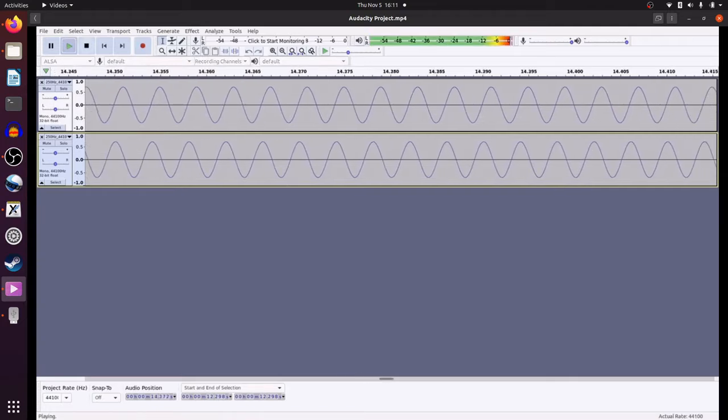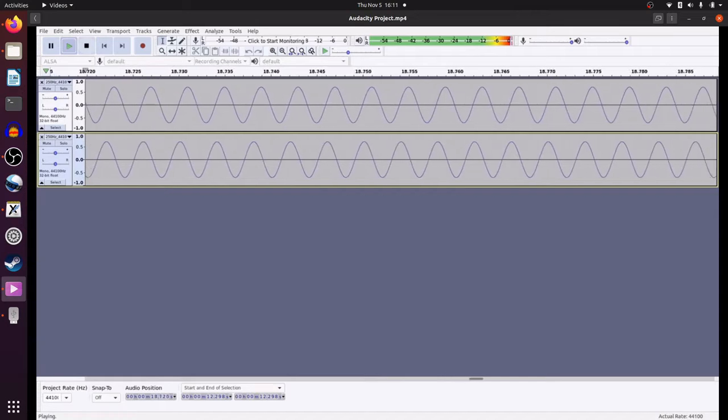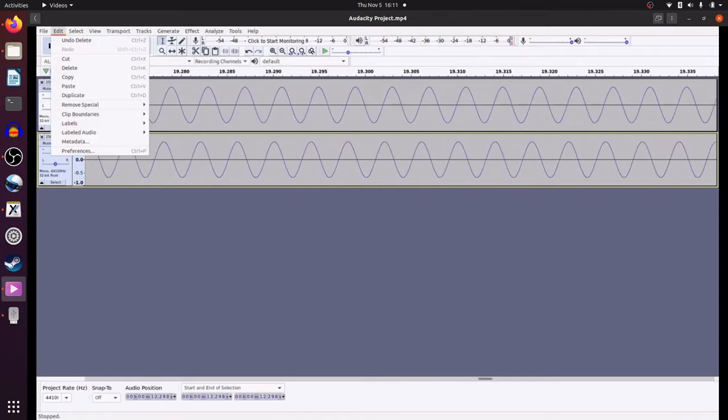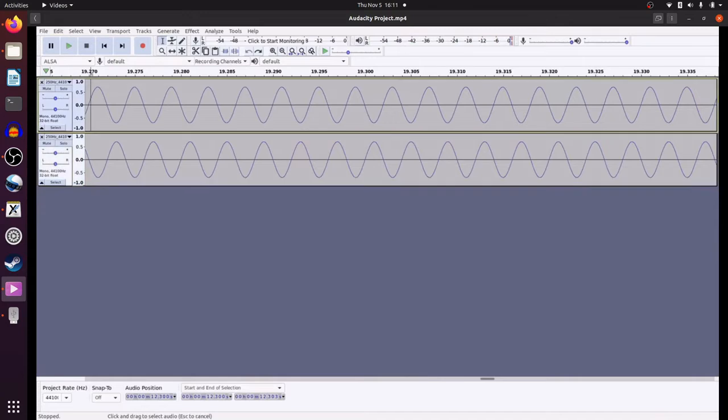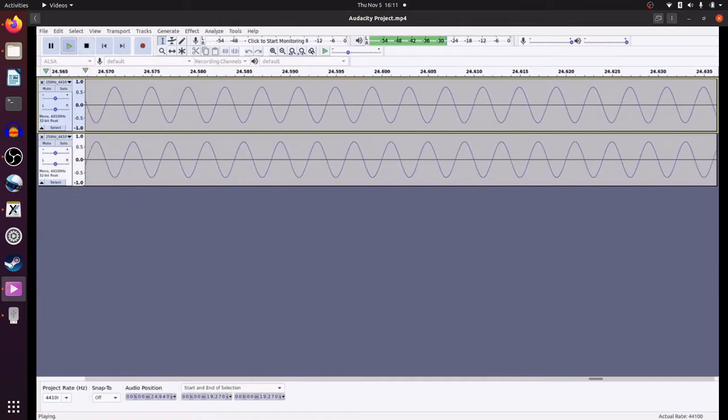Now that they don't cancel out, we do hear a sound, yet it's not as loud as when we had the two identical waves combined. This is called destructive interference. I clicked undo, and we are back to where the waves cancel. This is called perfect destructive interference.